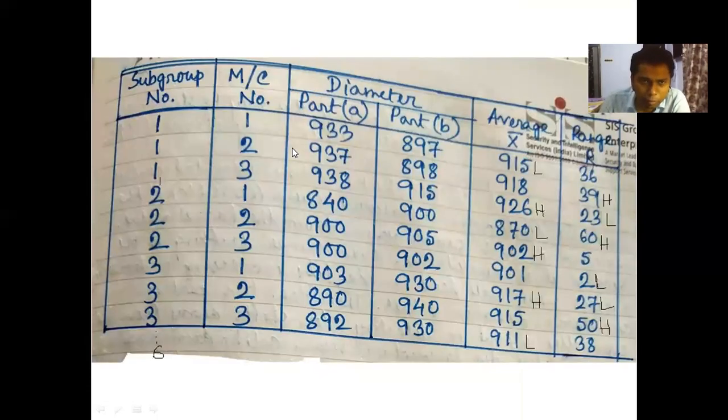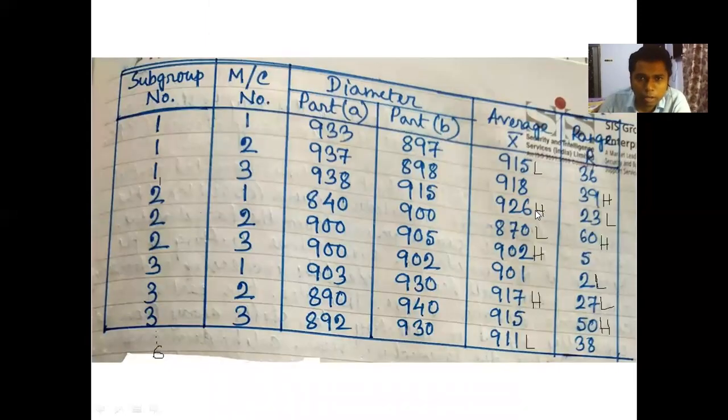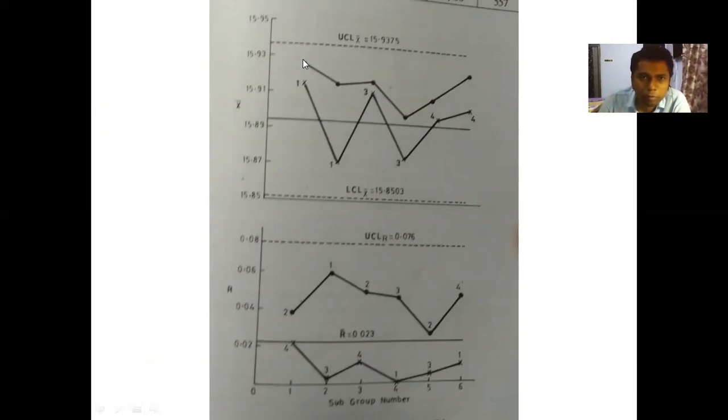The lowest value is given by machine number 1 for subgroup number 1. So you will plot your lowest value here, and you will plot your highest value, 926, here.